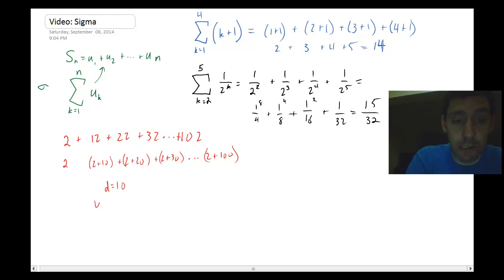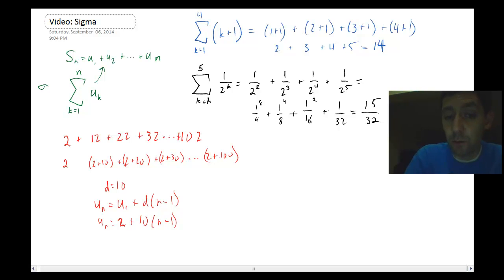So we can say un equals u1 plus d times n minus 1, right? And so we now know that un equals 2 plus 10 times n minus 1. And so essentially, we're just going to add all those up from n equals 1 all the way up to whatever one this is.